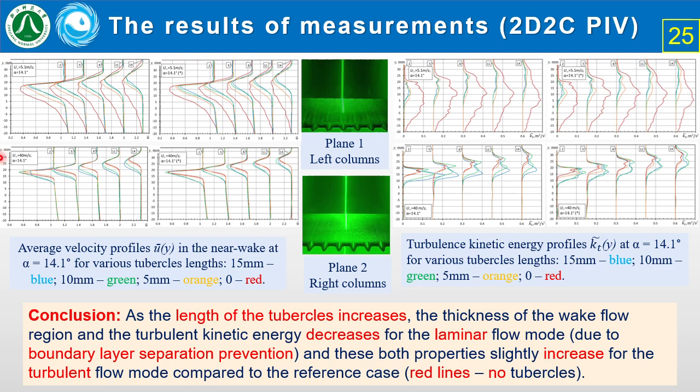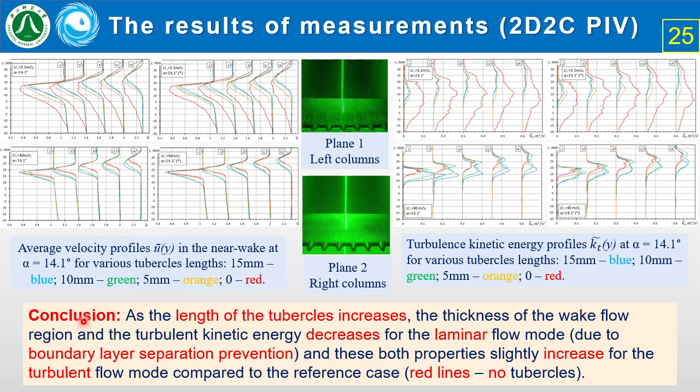Here you can see the results of measurements of averaged velocity profile, as well as the profiles of kinetic energy of turbulence along the direction of flow development, made in the plane 1 and plane 2 respectively for the pre-separating angle of attack 14.1 degree.